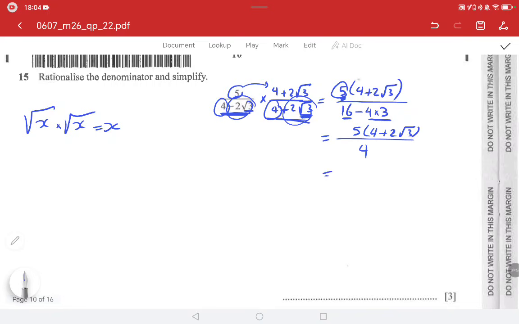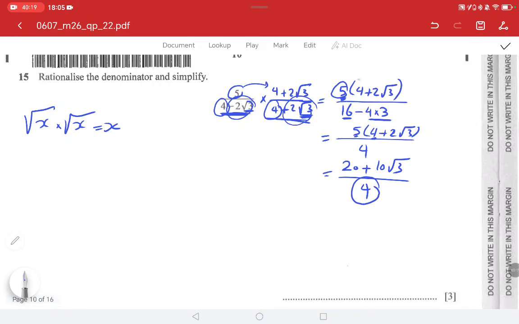Okay? I think you may leave it in this way, or you can make it in this way, like 20 plus 10 square root of 3. If you expand 5 times 4, 20, and 5 times 2 is 10. You can do it in this way, divided by 4. If you leave it in this way, it's fine, because this one, 4, is rational. So you are okay now.